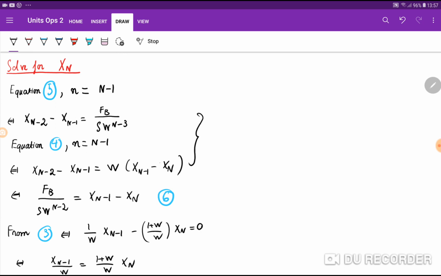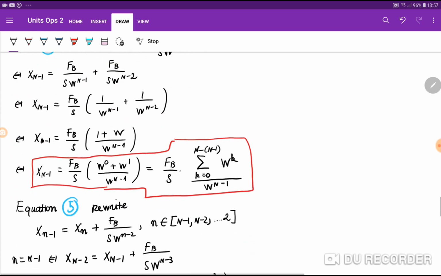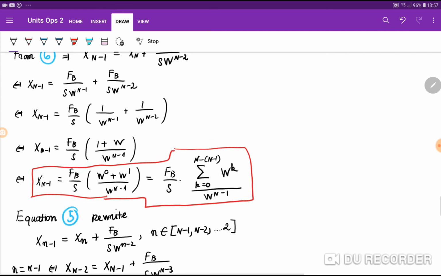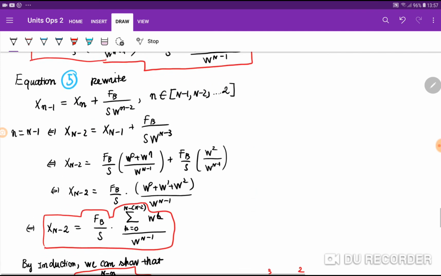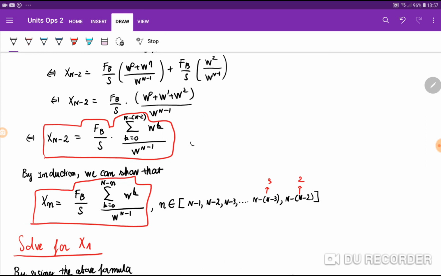You plug in all the equations, and then you just add all of them together. For this part right here, after I solve for x_{n-2}, I use induction. Induction is a mathematical tool you can use to find the general behavior of a series, okay?